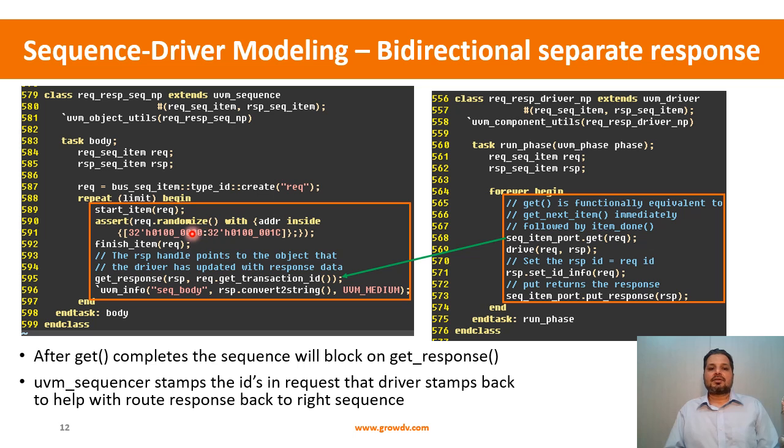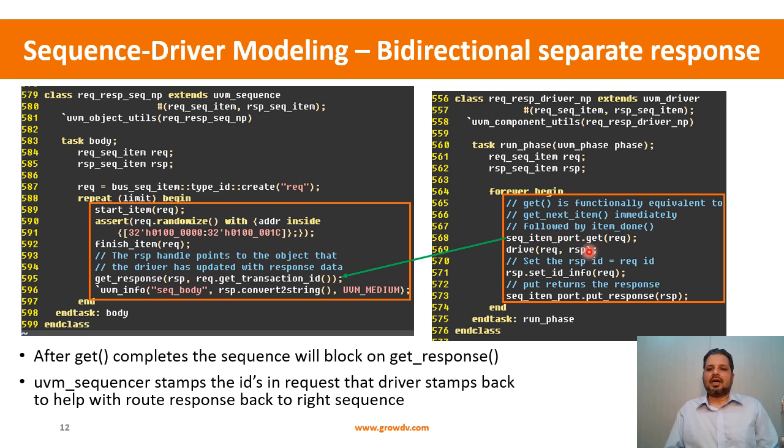So what happens is that I did a start item, and then once I call this get, which gets blocked till the sequence item is available, and once the sequence item is available, the start item gets unblocked, and then the sequence gets randomized, and then it will call the finish item, and then the request reaches the other end.